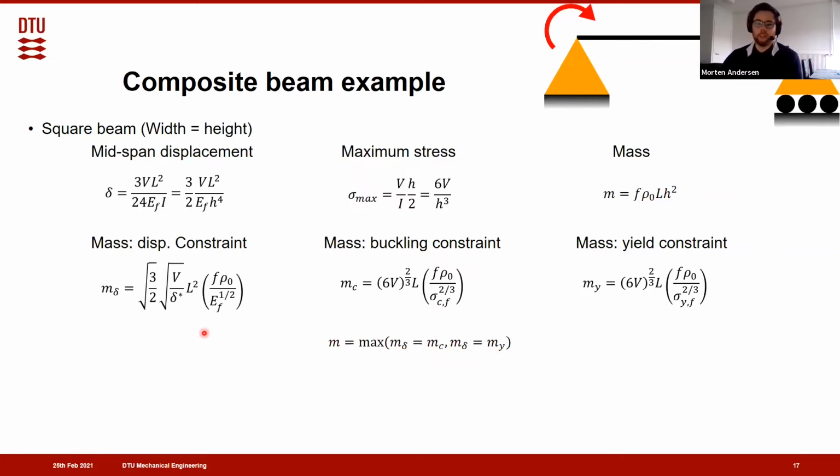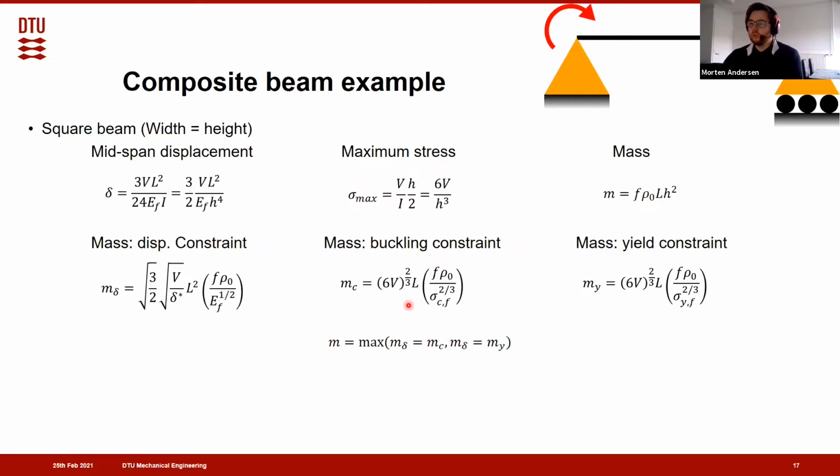So we set up a reference beam of solid epoxy, could be whatever. We chose epoxy, and then the displacement of that reference beam is set as the constraint for all the beams. And then the constraints are, of course, the buckling of the specific lattices.